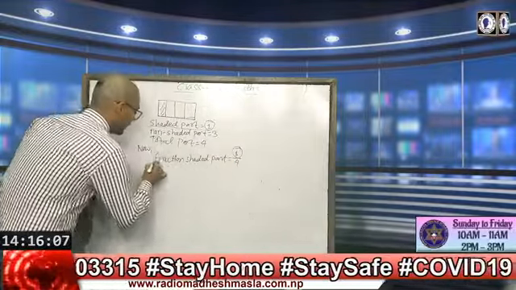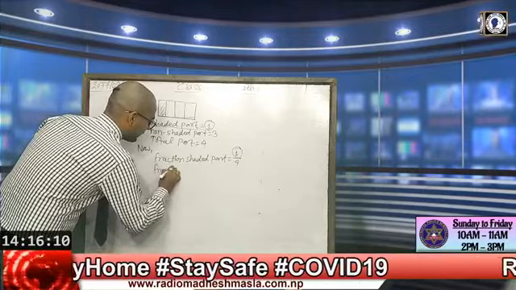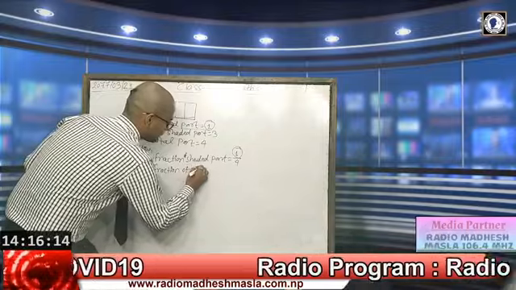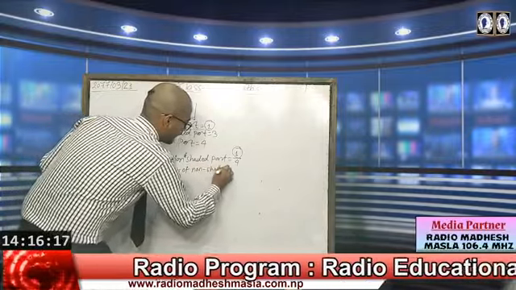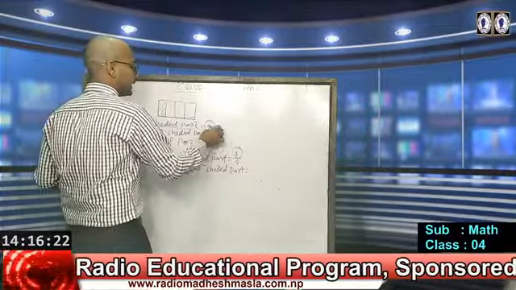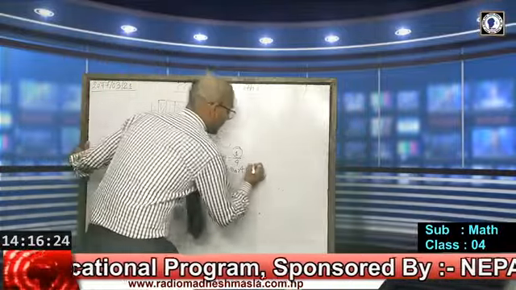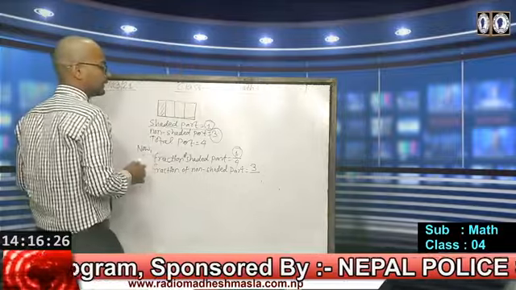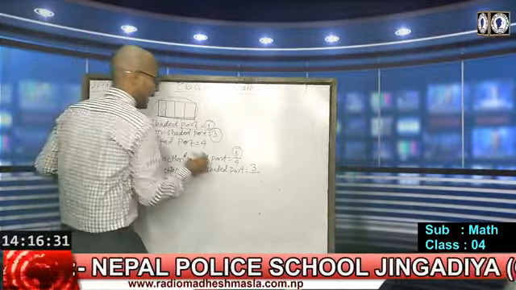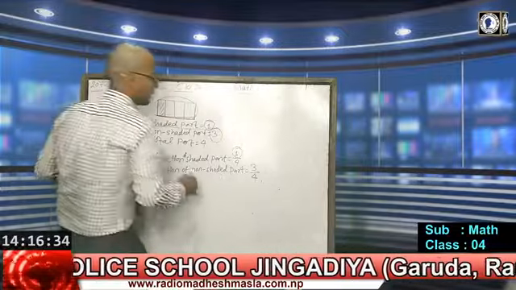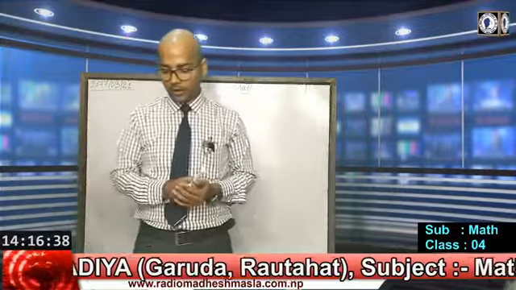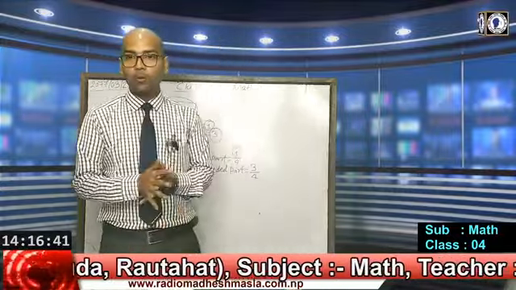In the same way, the fraction of non-shaded part: there are 3 parts non-shaded, so we take 3 as the numerator, and the total part as the denominator. In this way we can find the numerator and denominator.